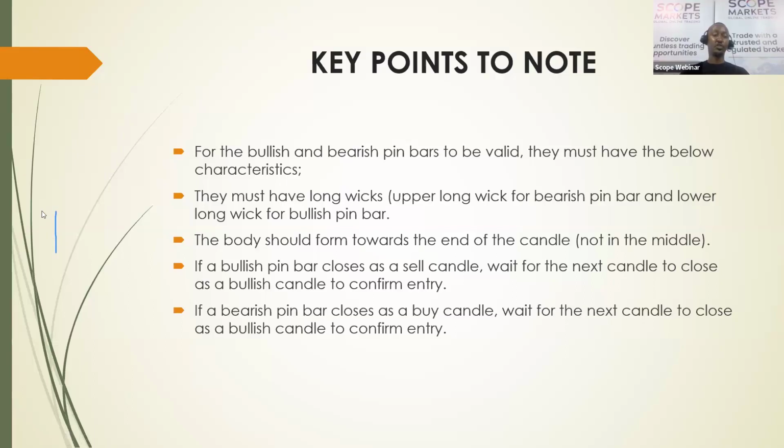For instance, this is the body forming at the end. This other one is the body forming towards the head, but we have these long lower wicks and a small wick here. If we have this type of pattern, with the body forming in the middle, this is not a pin bar.